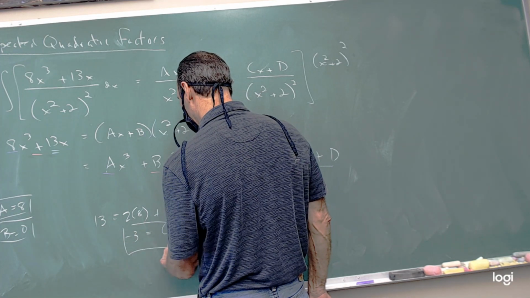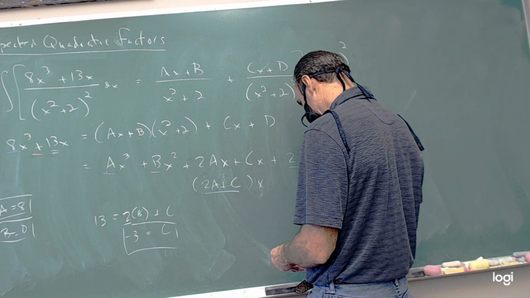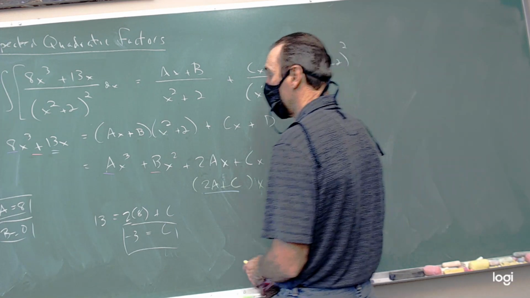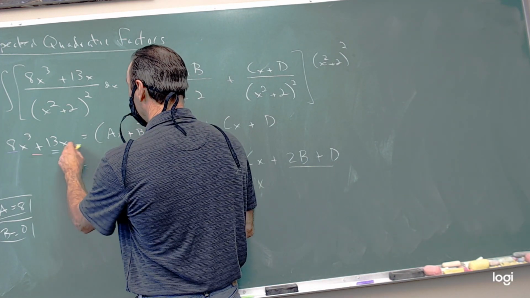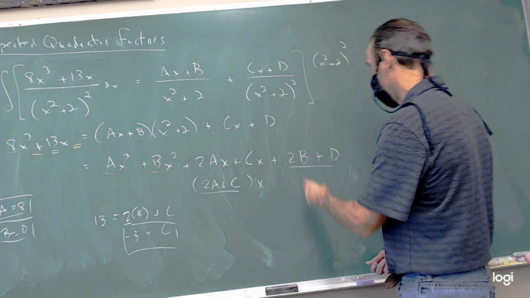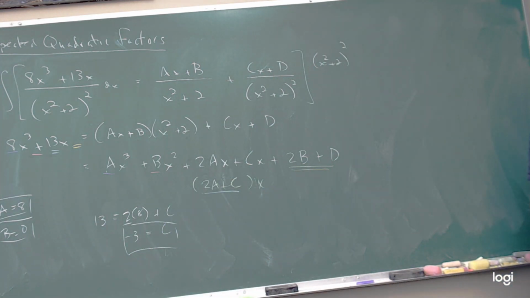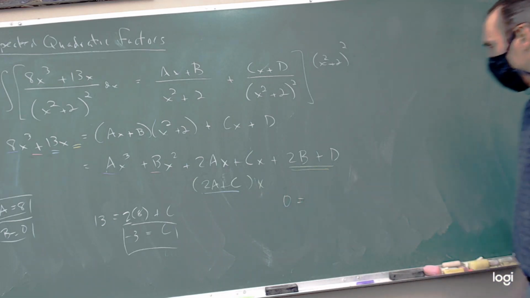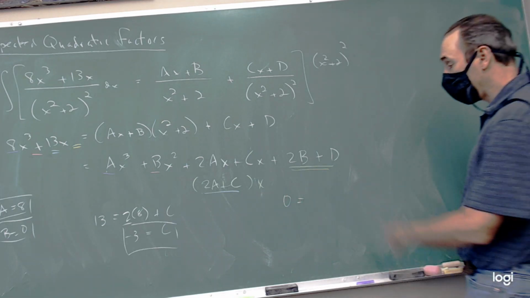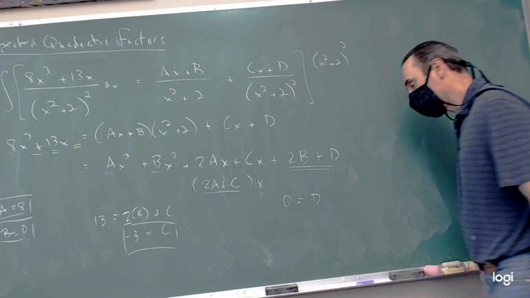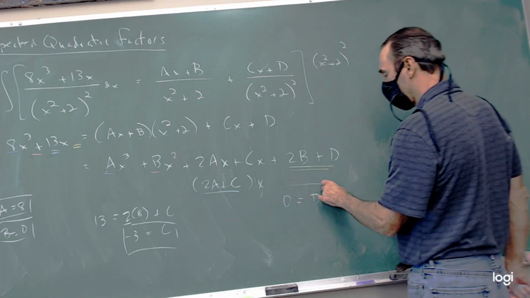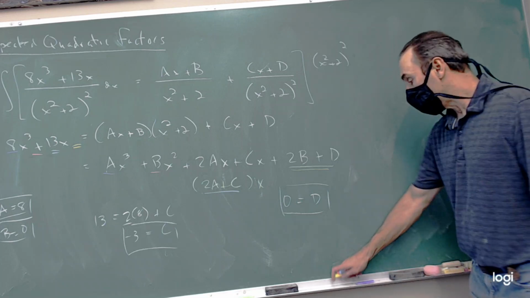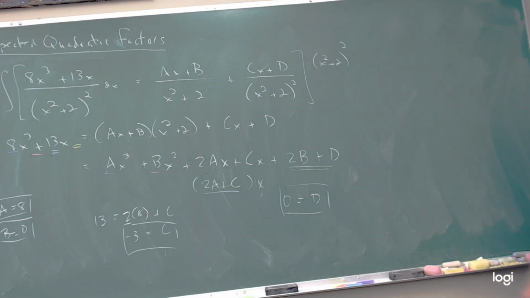Oh, that wasn't too bad. And our constant over here, which we don't have a constant, must equal this constant. So 0 is going to be, oh, and b is 0 too. Oh, look at that. Bunch of zeros. That makes life good. Okay, progress is being made.